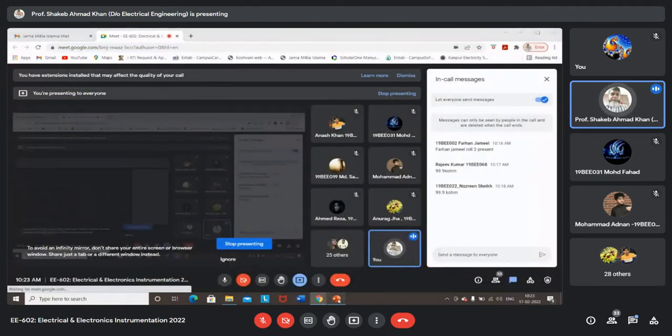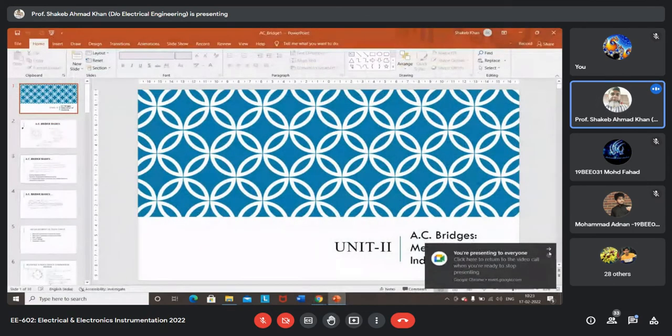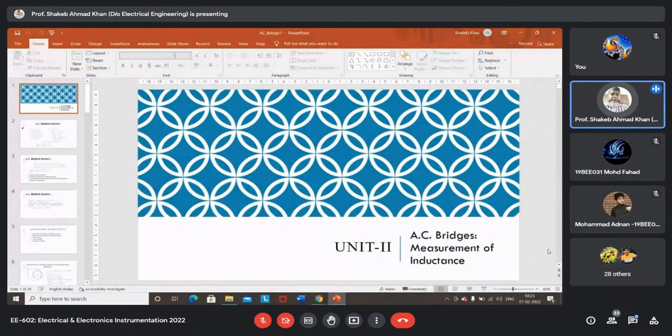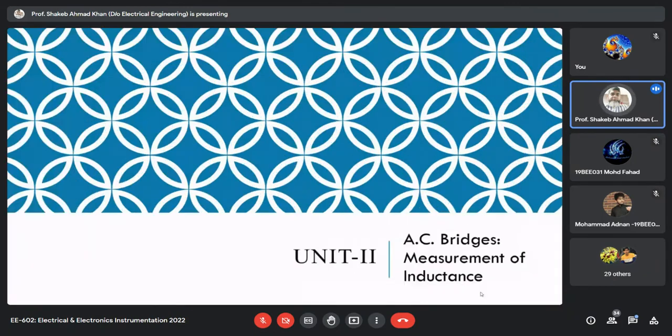So as usual, you have no query. So I'm going to unit number 2. Unit number 2 is about AC bridges. In unit number 1, we discussed measurement of resistance.